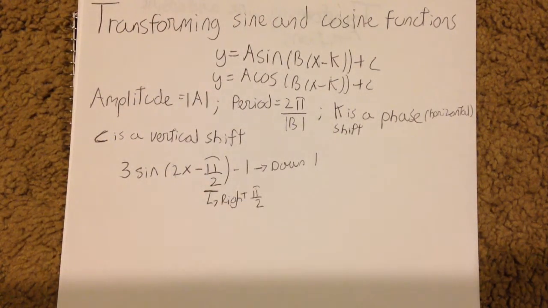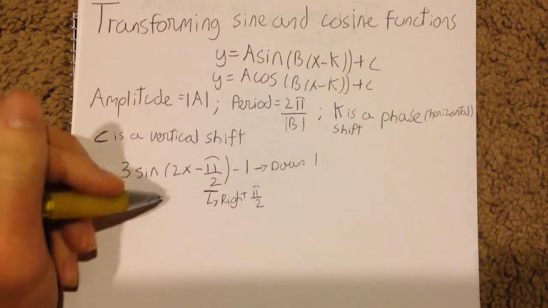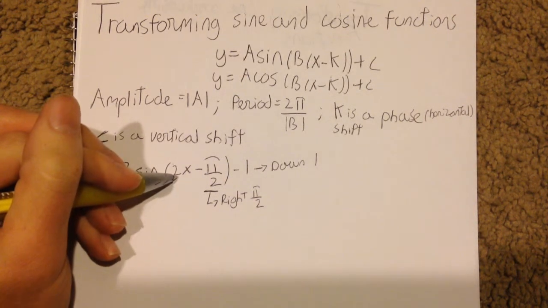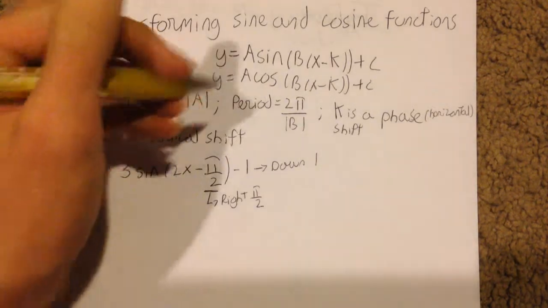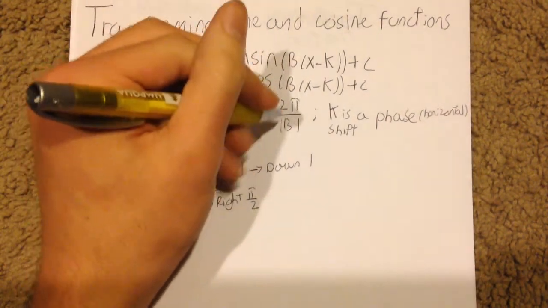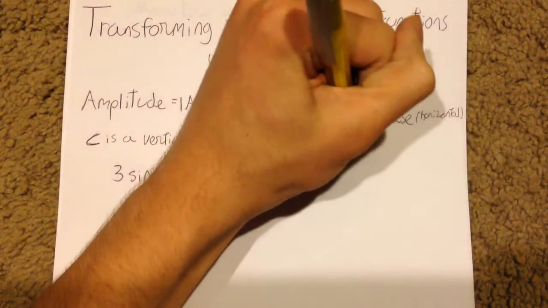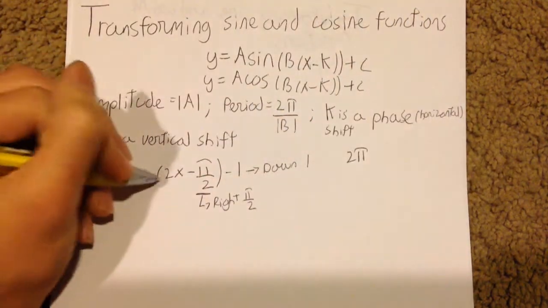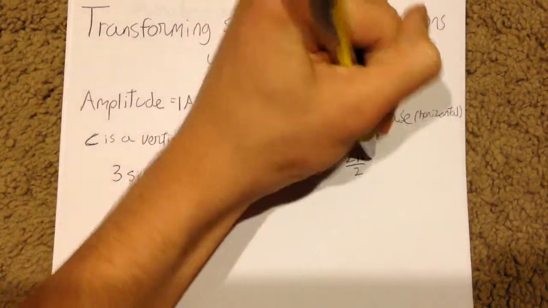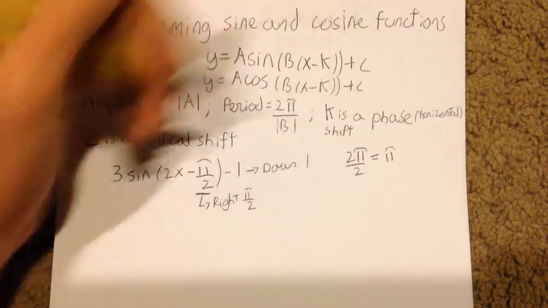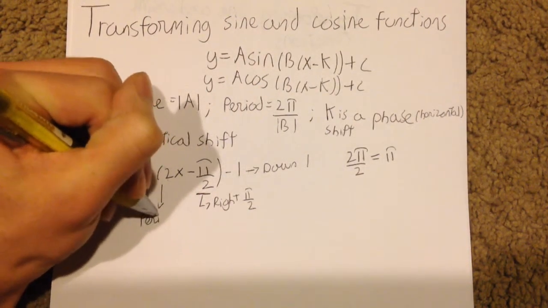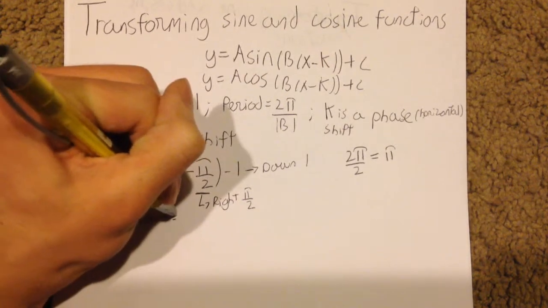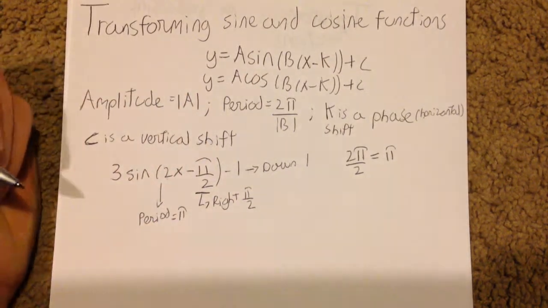We'll start with those when we're graphing it, and then right here we have a 2. If you remember, we have 2 pi over our b, and b is 2, so 2 pi over 2 equals pi. That means the period of this function will just equal pi.